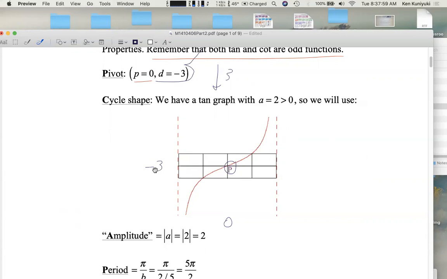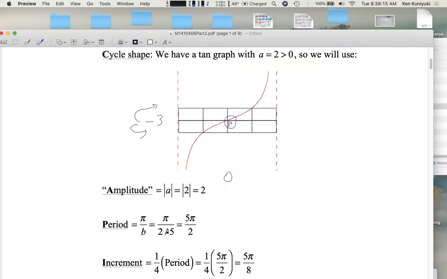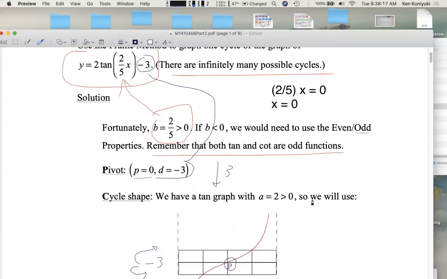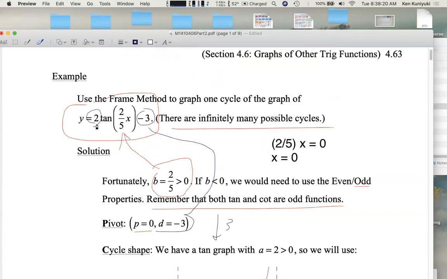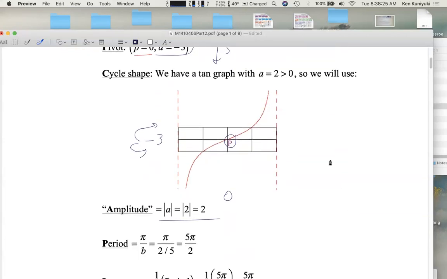Now from the -3, this is D now, how do we get the y-coordinate for the top line of the frame and then the bottom line of the frame? Well, the frame amplitude is 2. Remember, we look at the number in front of tangent here, a equals 2. That's the frame amplitude. There's no overall amplitude because this snake is infinitely tall, but the frame here has an amplitude. Half the height of the frame is 2.